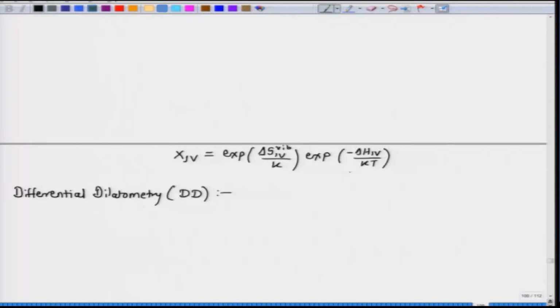As we have seen, the vacancy concentration varies exponentially with temperature, which is clear from this equation. As the temperature increases, vacancy concentration increases exponentially, and the way the vacancies are formed, which we have seen last class, introduction of a vacancy gives rise to one additional lattice site in the crystal.